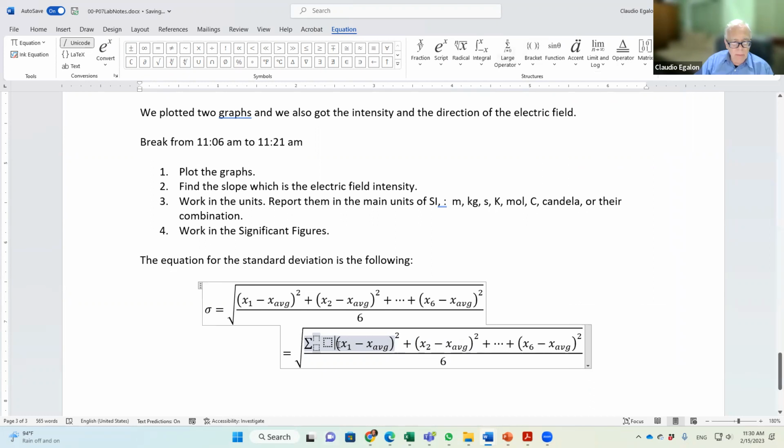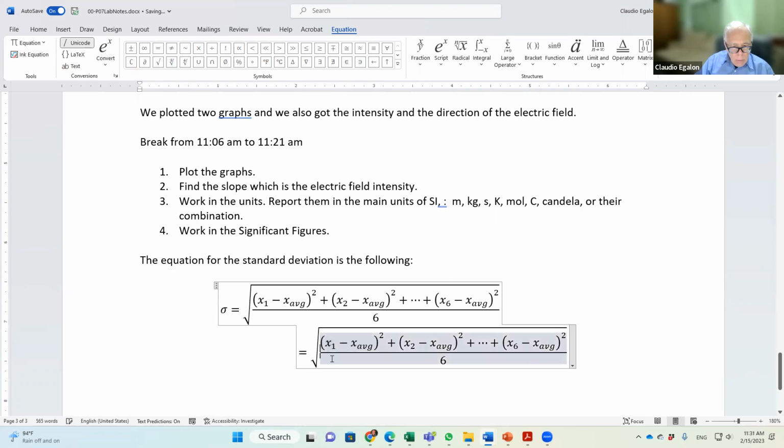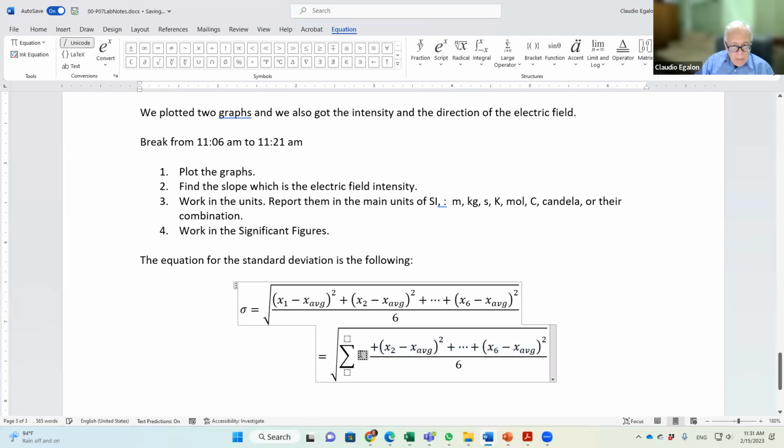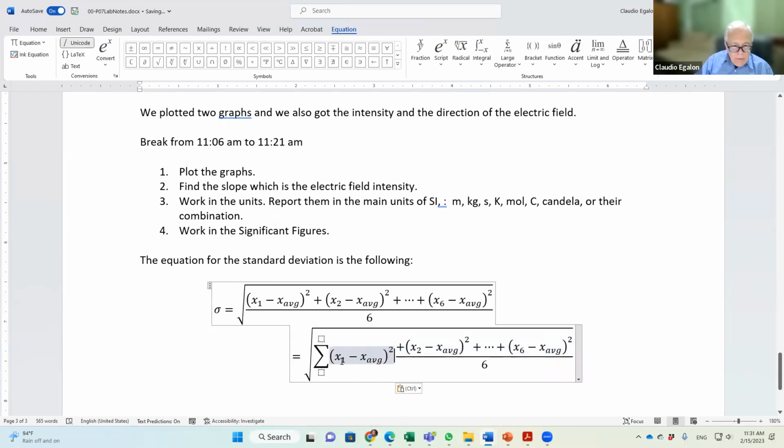Here you go, summation, xi, i going from 1 to n.